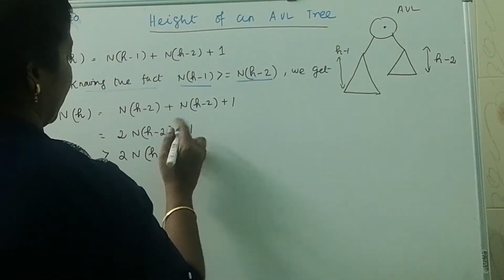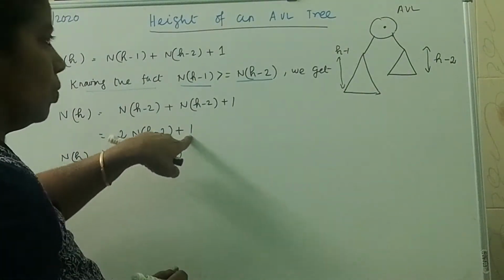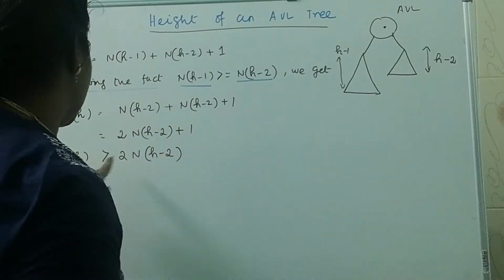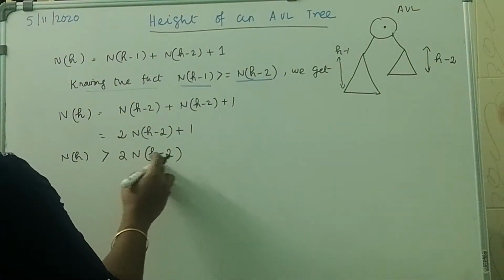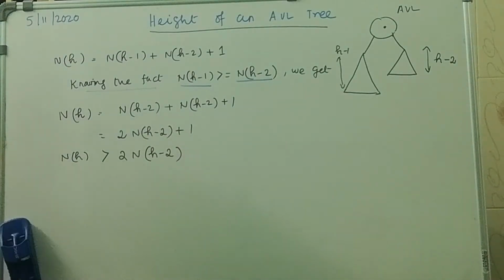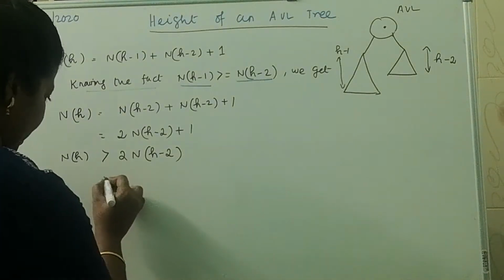Why? Because we ignore this plus 1, because at every level one node is also there. So it is strictly greater than 2n of h minus 2, because we are ignoring this one node.